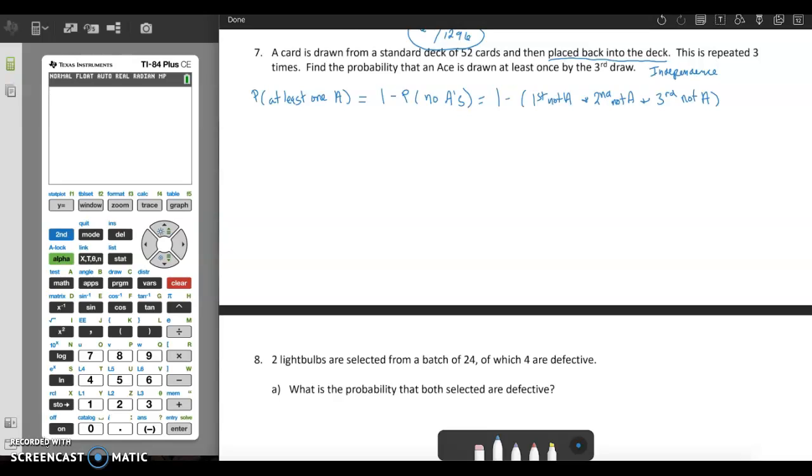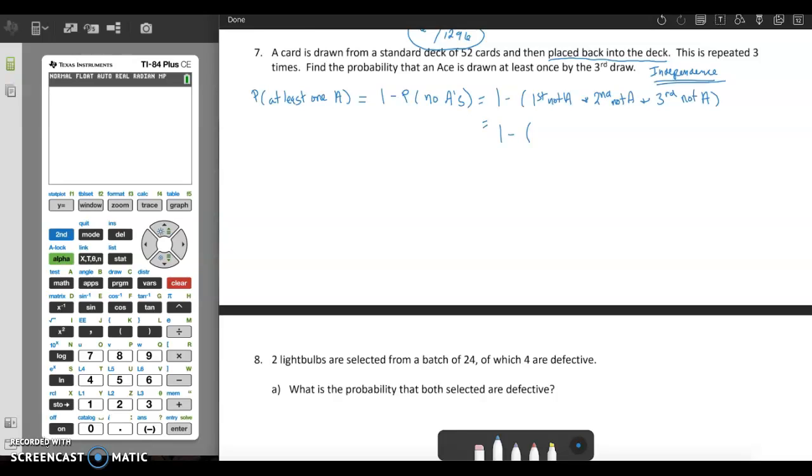That's how you get no aces. The first is not, and the second is not, and the third is not. So we've got an and probability here. Because they are independent, that's important. Like this part right here cannot be understated. That's very important. Because they are independent, when we're doing an and probability, we know we're multiplying.